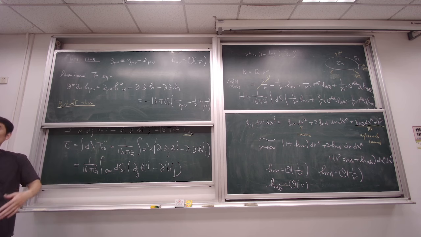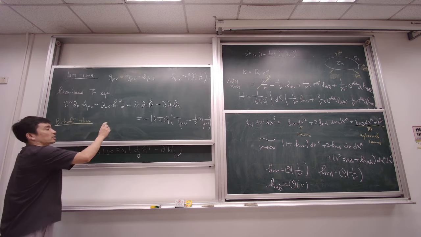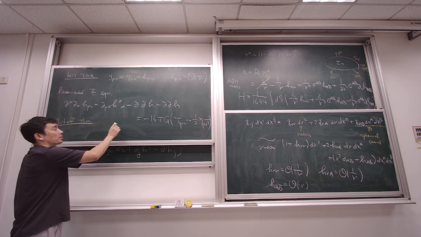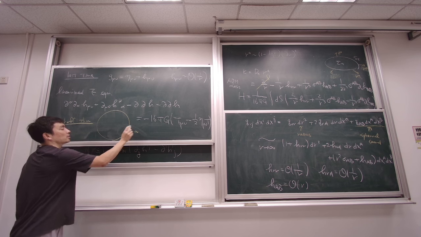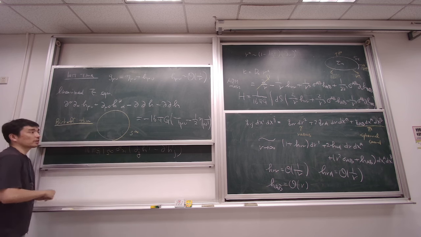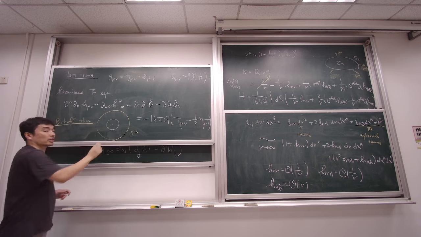We don't need to know about what's inside, so we cannot distinguish at the boundary what's happening inside. So let's consider the boundary S infinity. Inside, you can have a horizon and a singularity, like this.